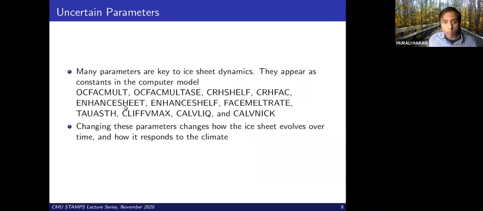And so where do we come into the picture? Well, there are many of these parameters that I sort of hinted at on the previous cartoon that then appear as essentially, and as a former computer science major I found it useful to point out, they appear as constants in your computer model, right?